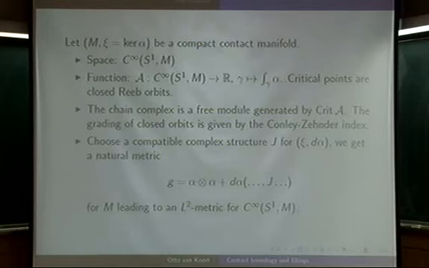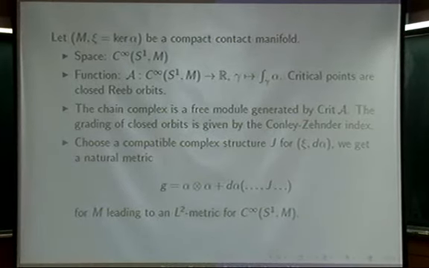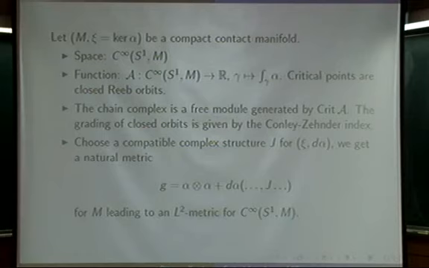I claim that you can always find a contact form for which the Reeb orbits are non-degenerate. You can work out what it means to be non-degenerate. You can compute the Hessian, and it's a bit dirtier than you might expect, because there's always some degenerate direction, but things will work.